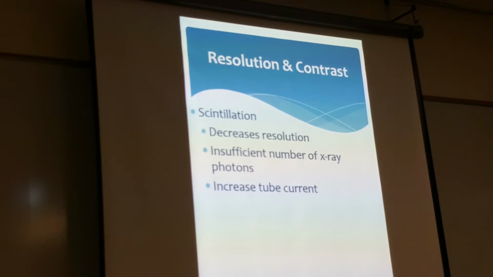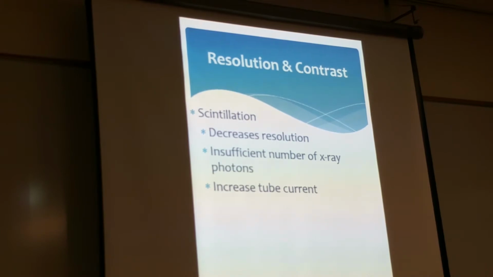So up here, all of this circuitry goes to the X-ray tube. The question is, what is the X-ray tube circuit current measured in? And what do you use in radiography to make an X-ray? You use milliamps.